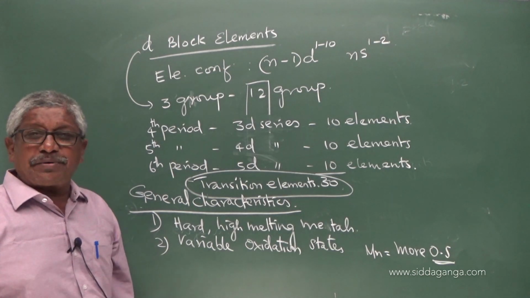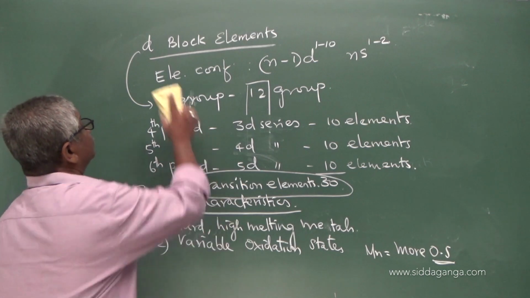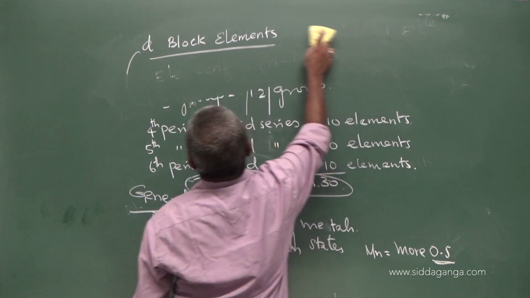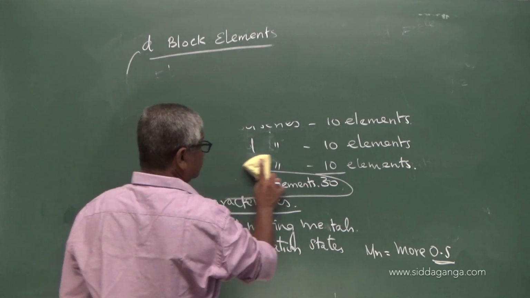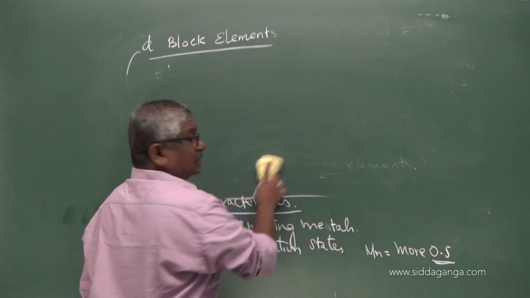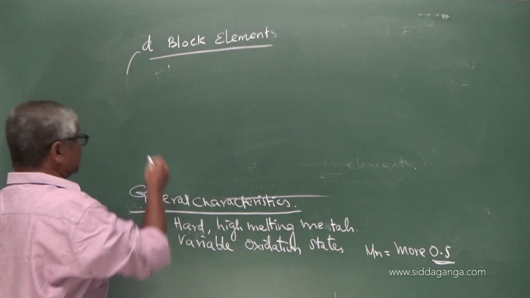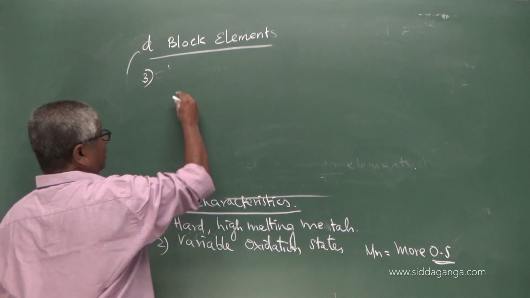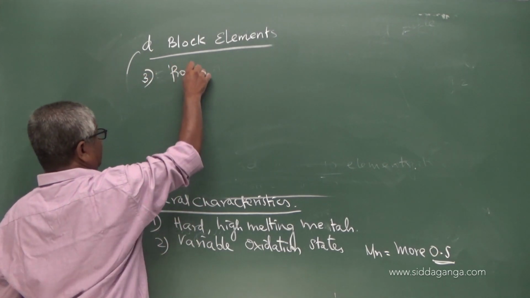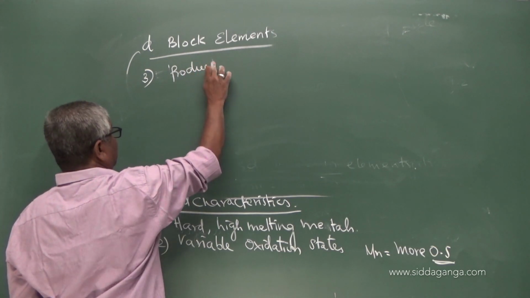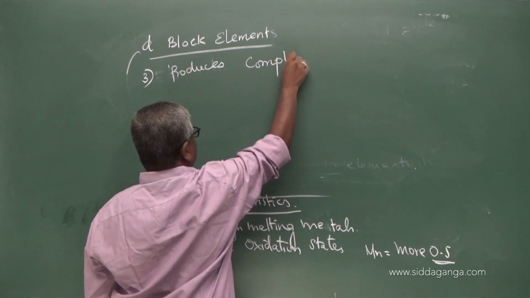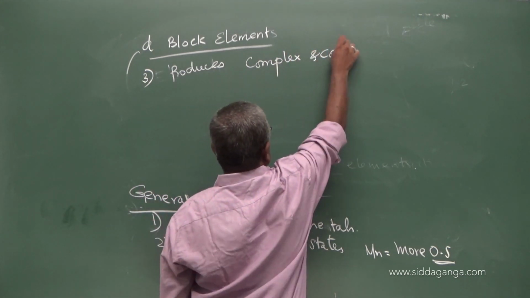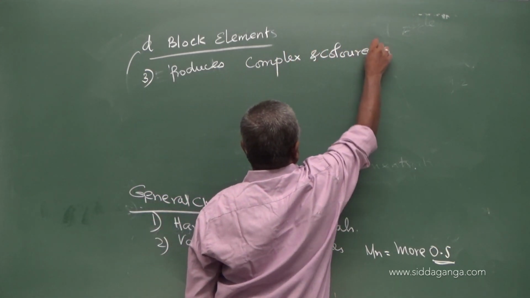Due to the large number of oxidation states, the d block produces complex and colored compounds.